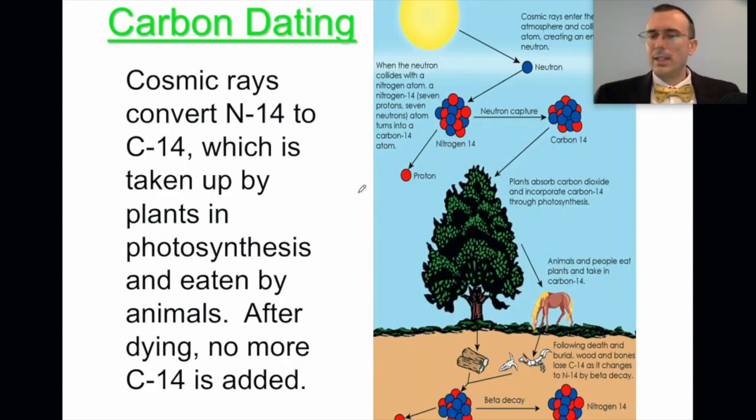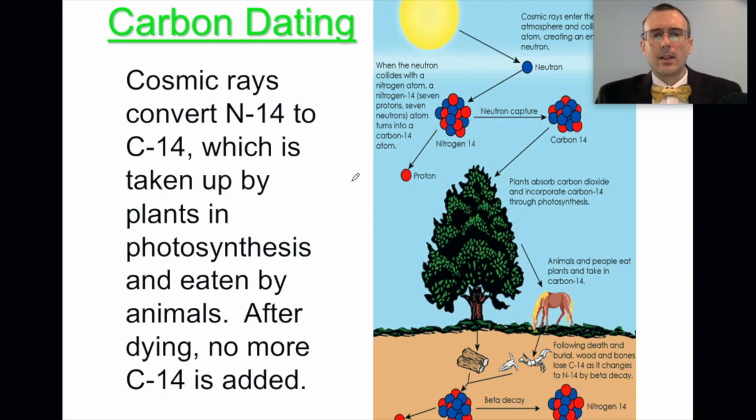Now, carbon-14 is also another common way to date something that's fairly old, but carbon-14 is used for organic substances, things that were once living, and for things that are not too terribly old, let's say in the thousands of years old rather than millions or billions of years old.